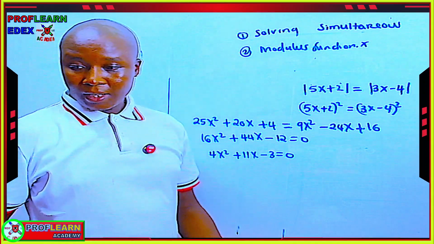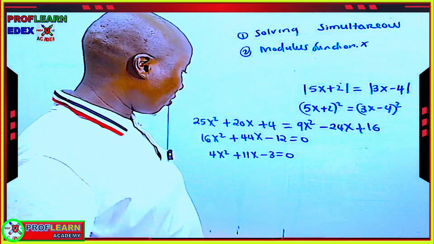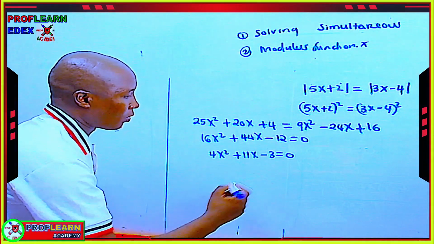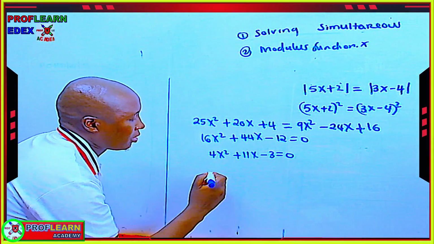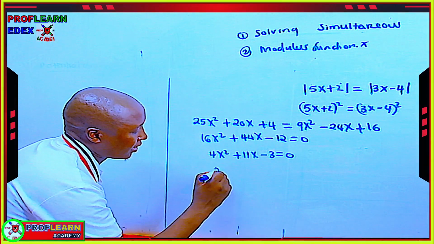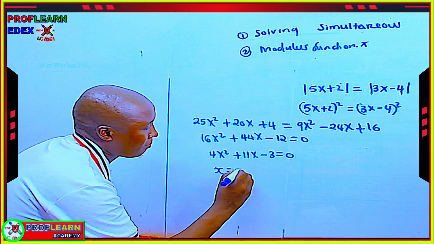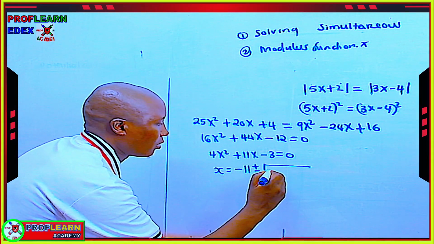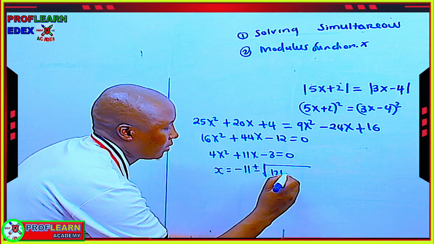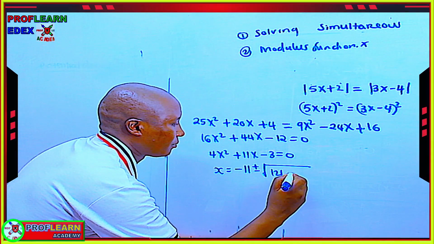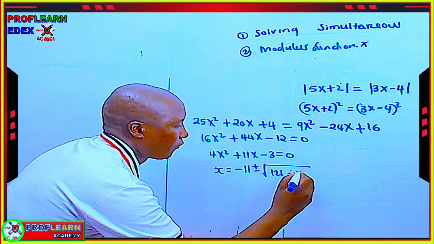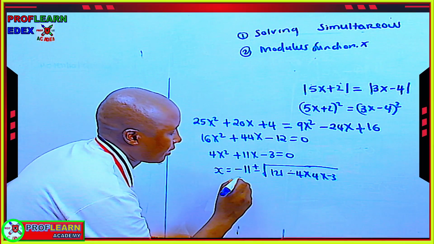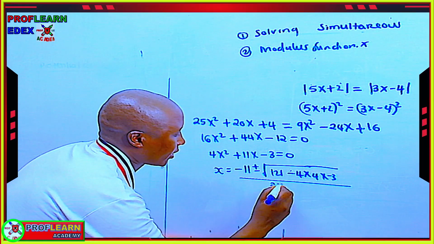So you see, again, we have a scenario whereby we have a quadratic equation that we ought to solve. So at this point of time, we can find x using the quadratic formula: minus 11 plus or minus square root of 121 minus 4 times minus 3, and divide by 2 times 4.